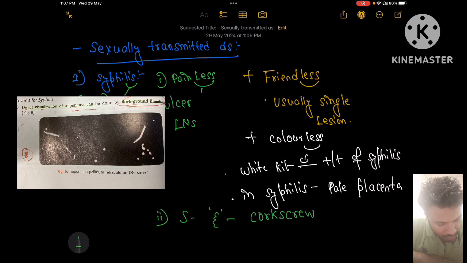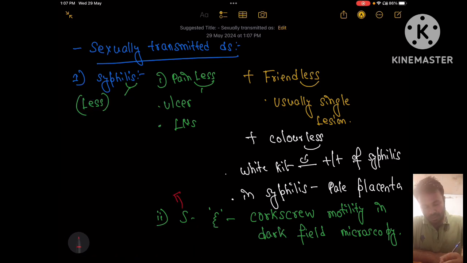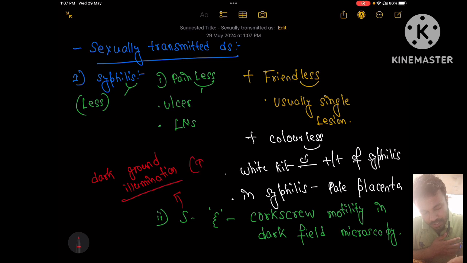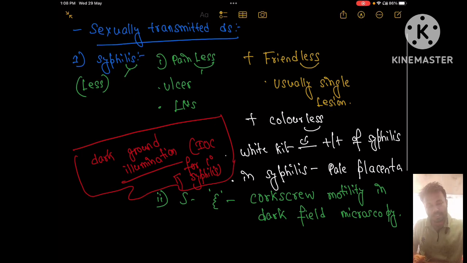Here is the important point: dark ground illumination is the investigation of choice for primary syphilis.